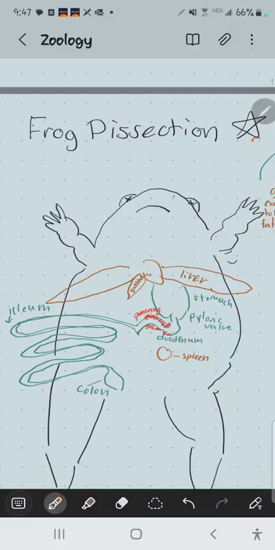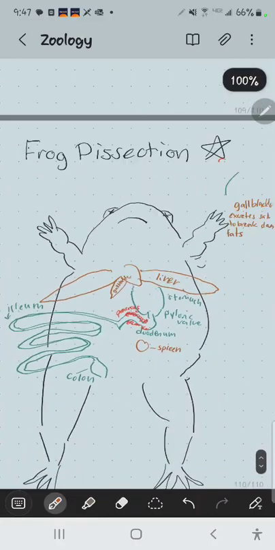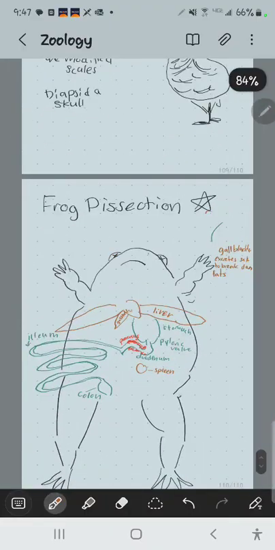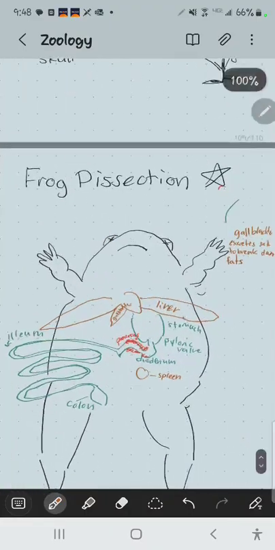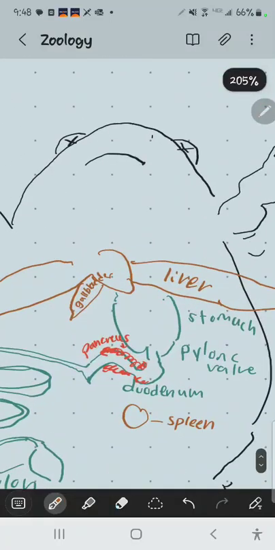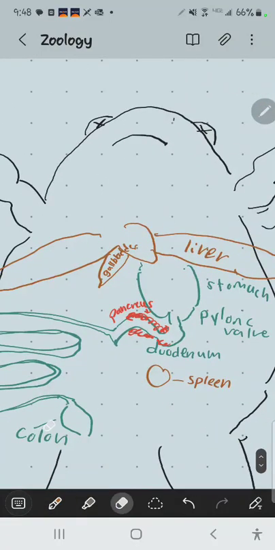Okay, and then we have kidneys. In this case, the kidneys are no longer embedded in the back wall. They're more pronounced into the body cavity. So the kidneys are here. And they're more developed. As you can see, they're out into the body cavity.